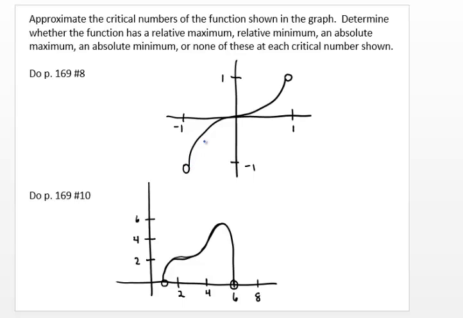The only thing we're going to look for is critical numbers. There is a critical number right here because the slope of the tangent line is equal to 0. However, it is not a max or a min, so there is no max or min for this problem.